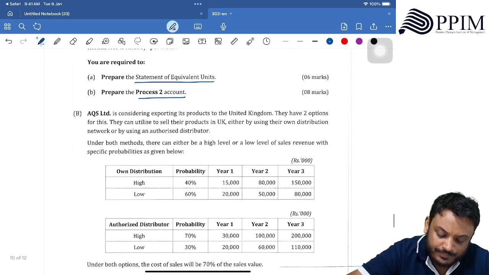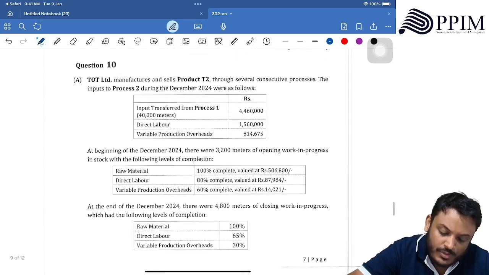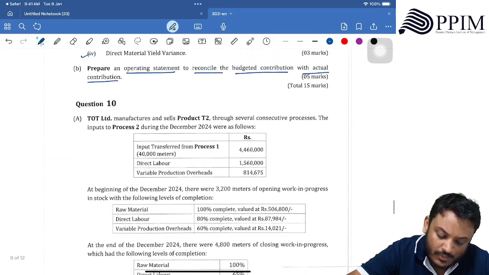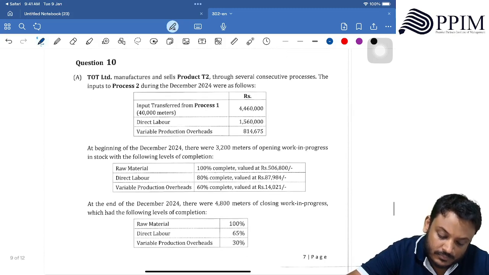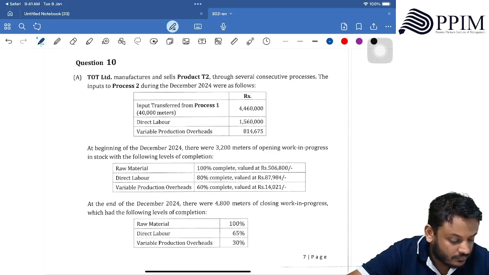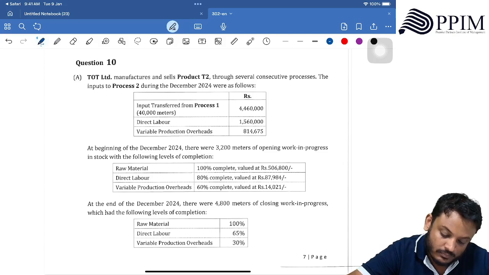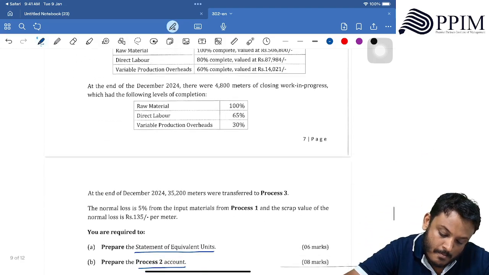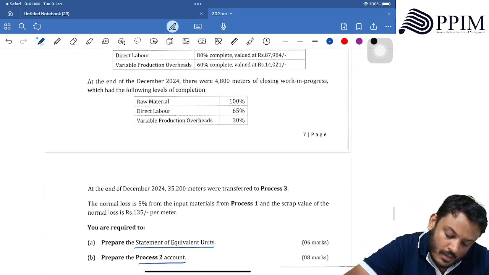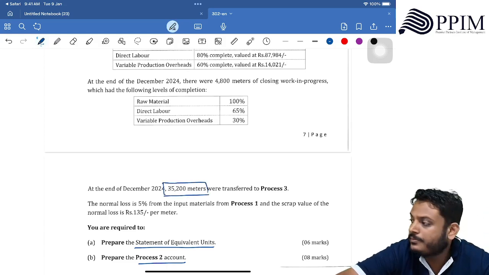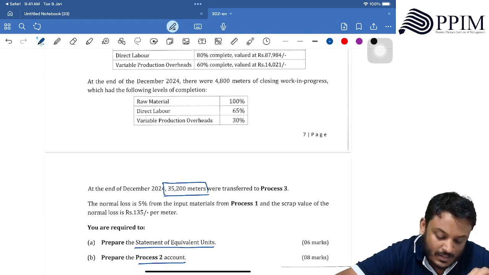See here, inputs 35,200 meters. Copy this. That is input.